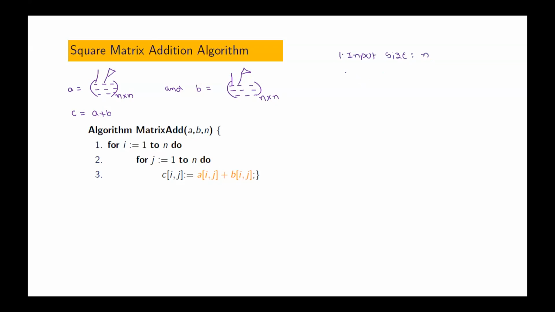We know that there are n square elements. Now, what is the most important operation here? That is the basic operation: addition of two elements. This is addition, no? This is our most important operation, the addition operation.